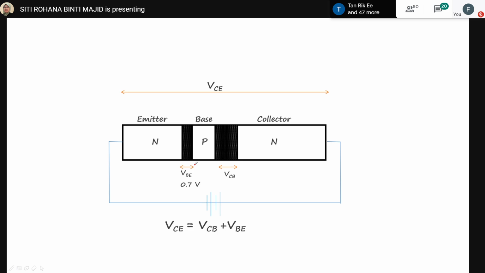So the total voltage across these two regions gives the value of VCE. Then we can rearrange this equation and include the value of the silicon diode knee voltage, which is VCE equal to VCB plus 0.7 volt.